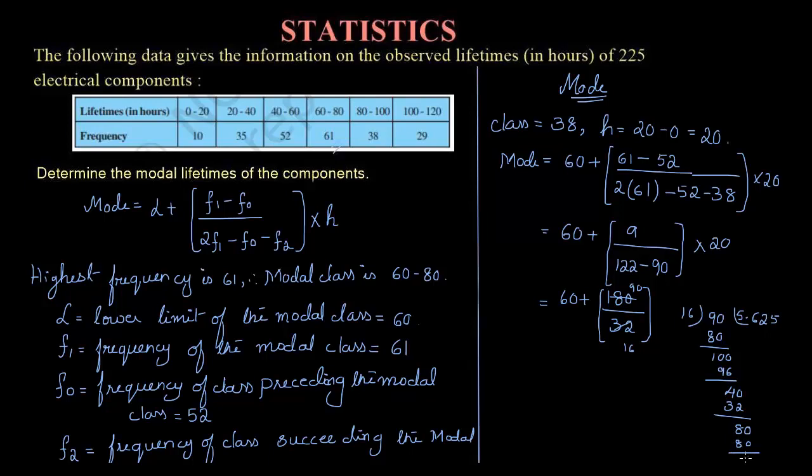So we have got the remainder 0. Then what we will write here? 60 plus, the value you get when you divide these two numbers is 5.625. So add these two numbers, 65.625. So this is how you will find the mode for the given data.